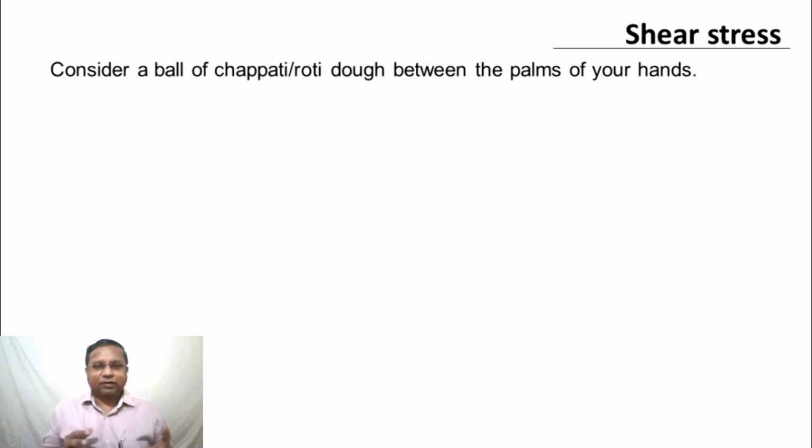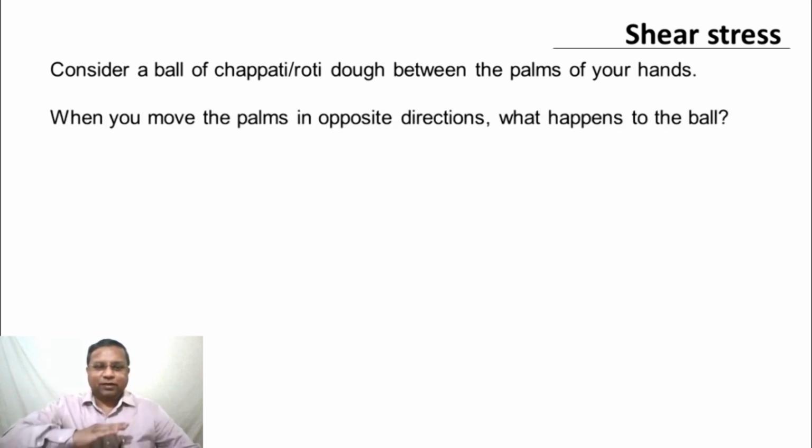Let us take a ball of chapati dough, roti dough, and place that dough ball between the palms of your hands, something like this. Then when we slightly press and move the palms in opposite directions, what happens to the ball?